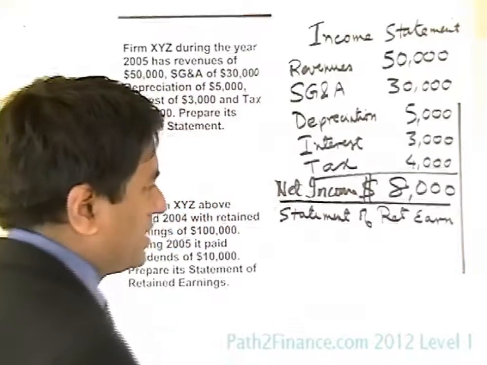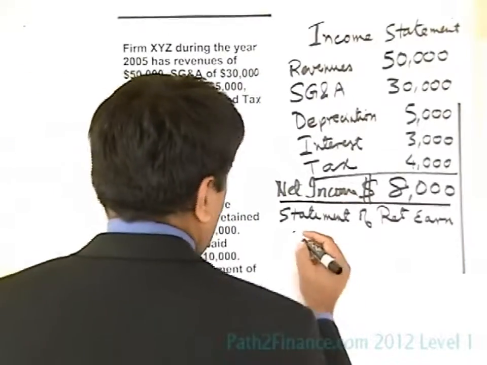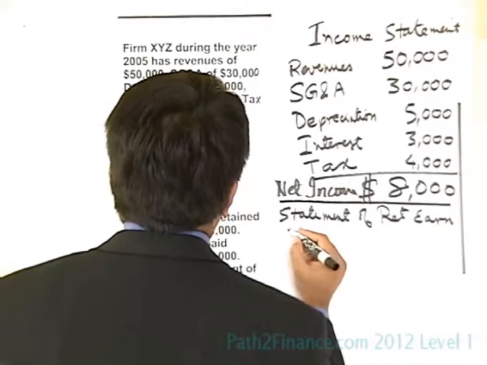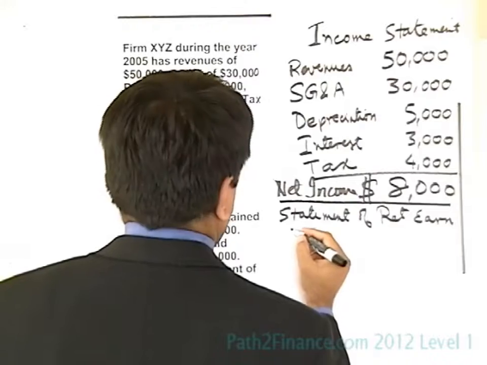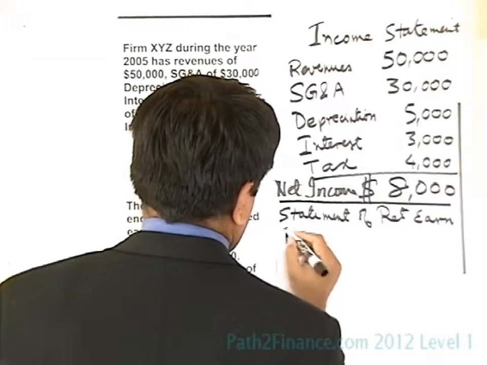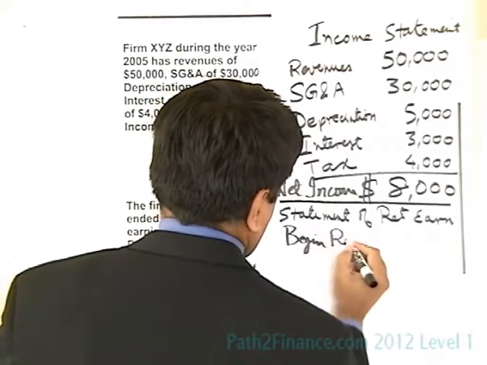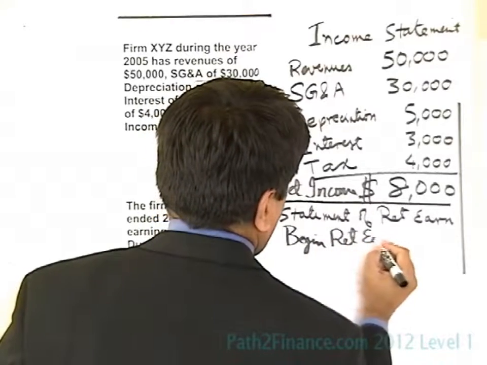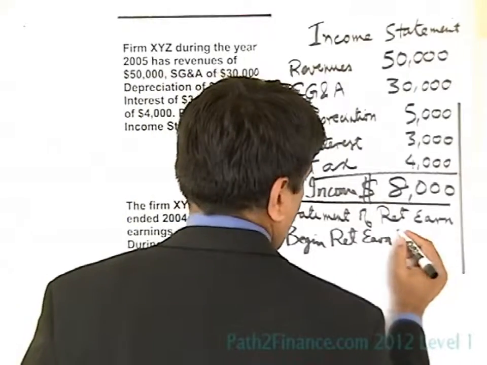So now we have the statement of retained earnings. So the first item is beginning retained earnings. And that we are told is 100,000.